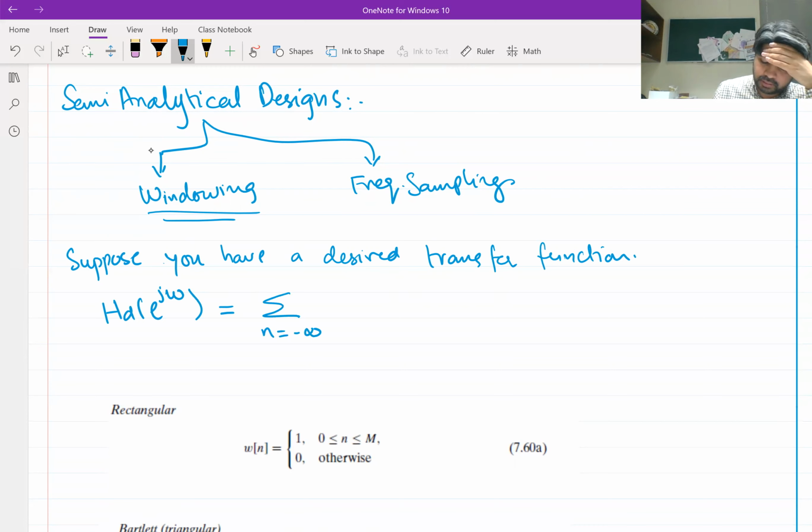It would be summation n equals minus infinity to plus infinity, the impulse response times e to the power minus j n omega, right? This we know.